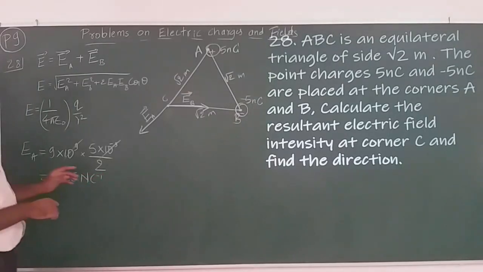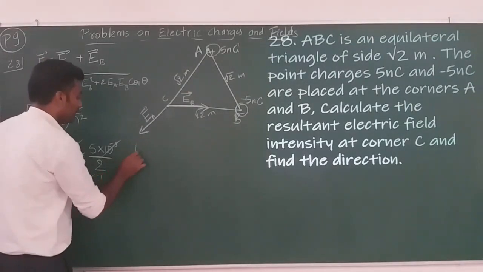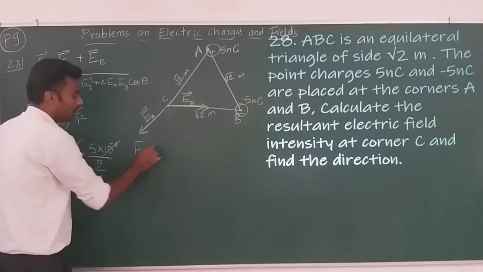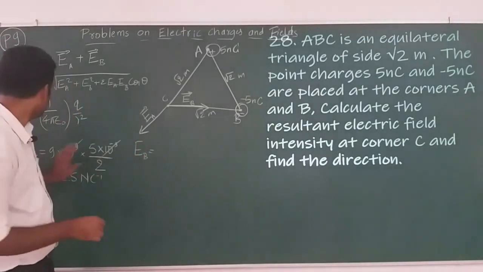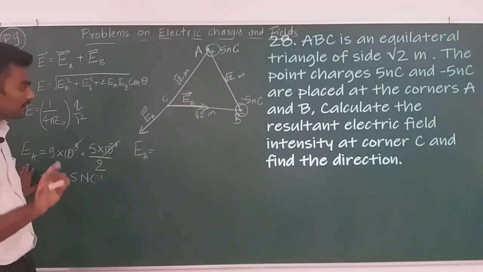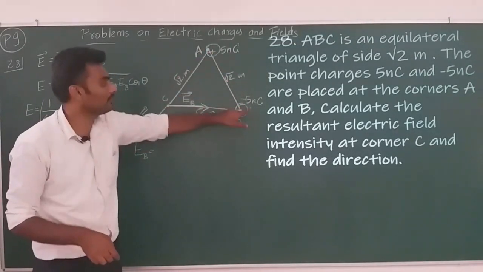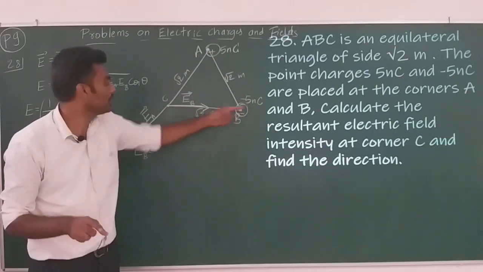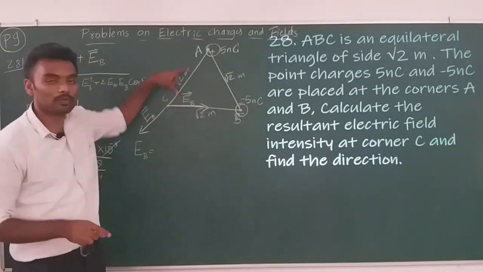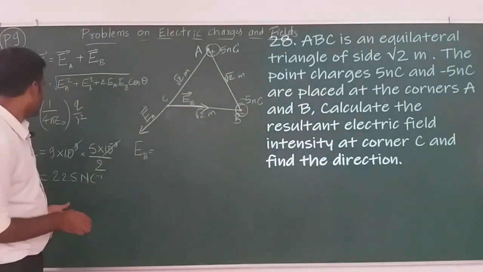Right. Now, observe the same value of EB. The value of EB will be the same as the value of EA, magnitude part, right, because the magnitude of charge is the same, 5, 5. Distance of separation is also the same, root 2, root 2. Put that here.